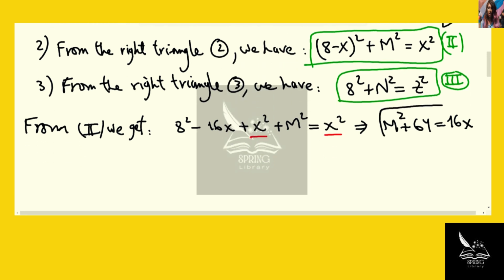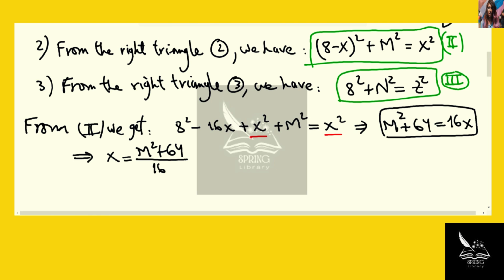We can get a little bit further, we get that x is equal to m squared plus 64 over 16.